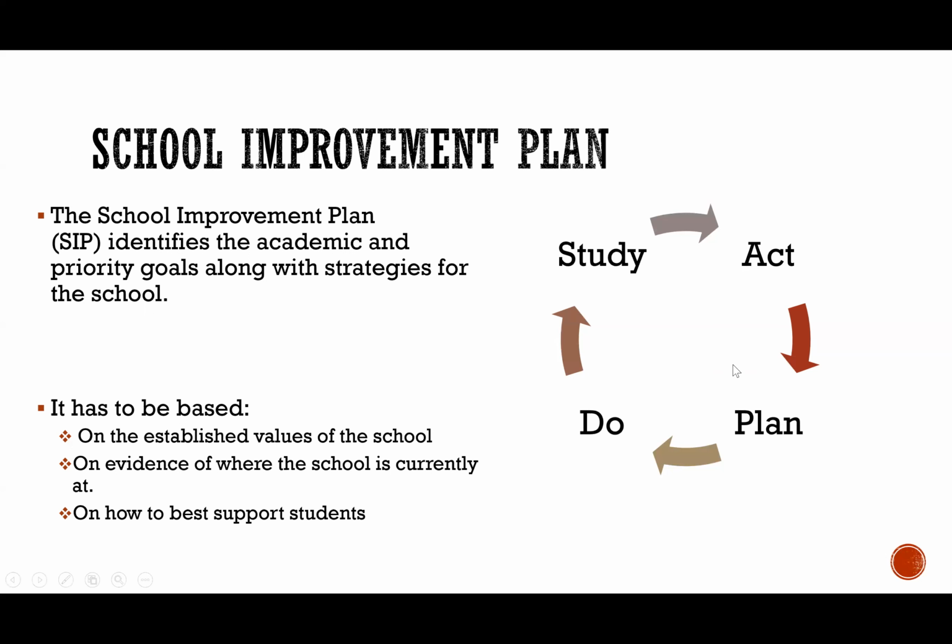The diagram here, which is the cycle for the plan, explains the process that should be followed in order to ensure that the school improvement plan is a living document that is continuously updated throughout the year and is an ongoing live document.